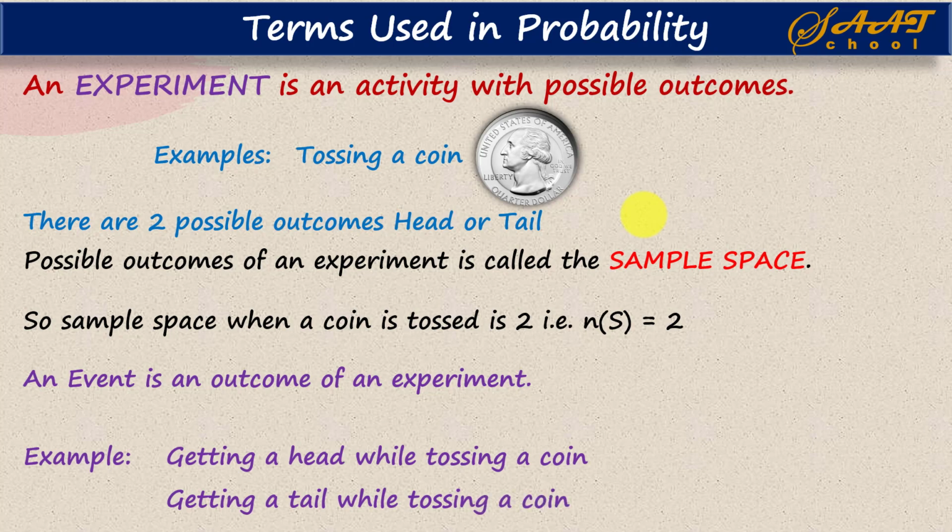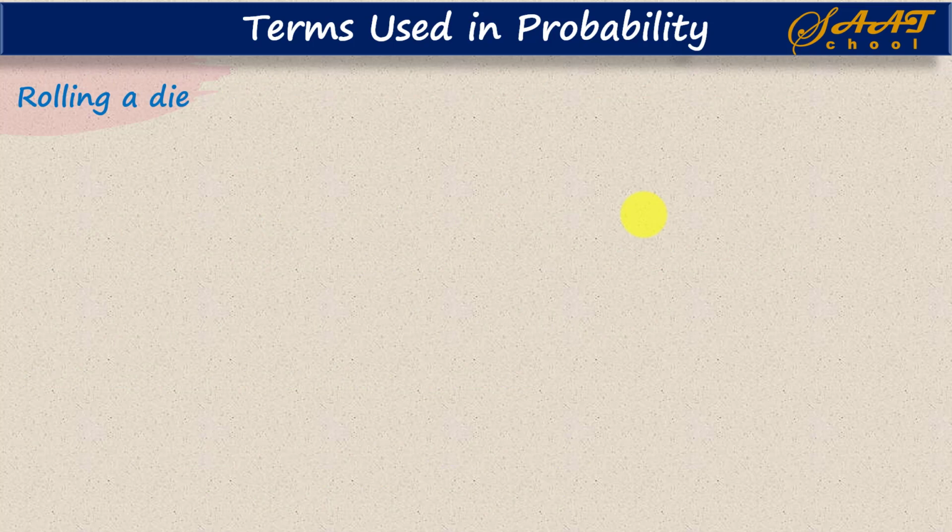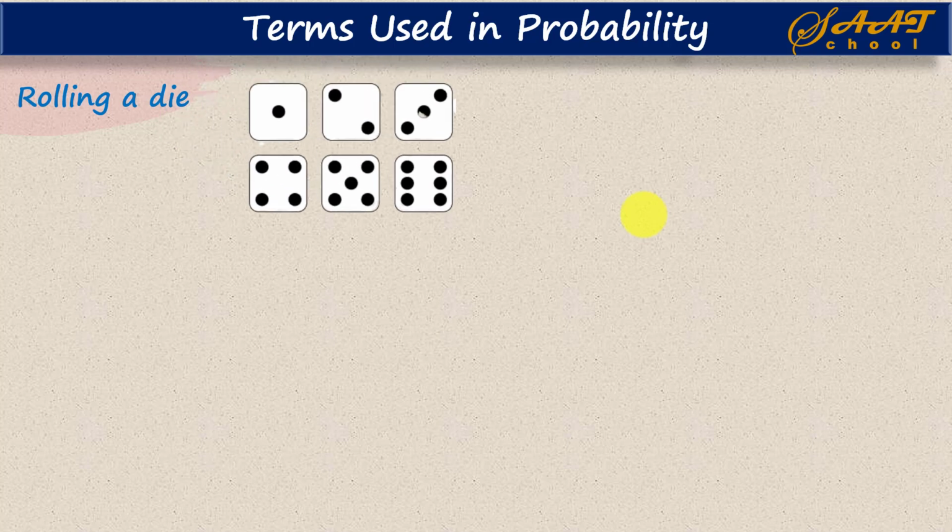So these are some terms that are used in probability. Now we have some more examples. When you roll a die, rolling a die is an activity, and that activity is called an experiment in probability. So rolling a die is an experiment. Now when you roll a die, there are 6 possible outcomes.